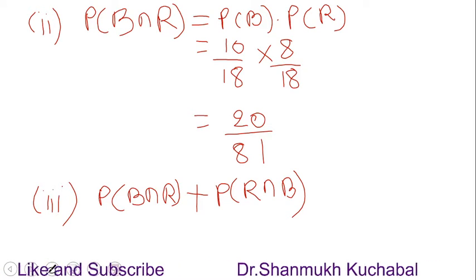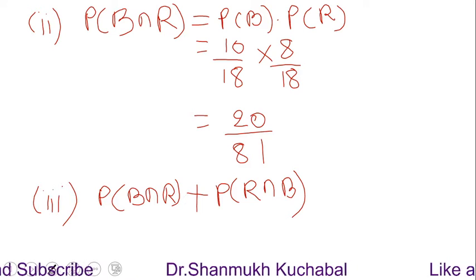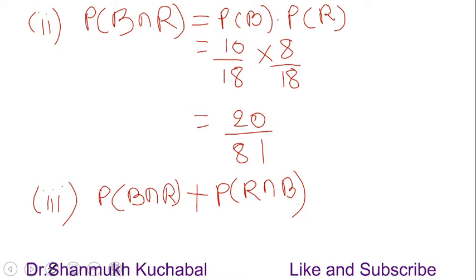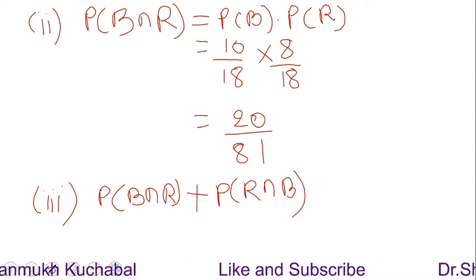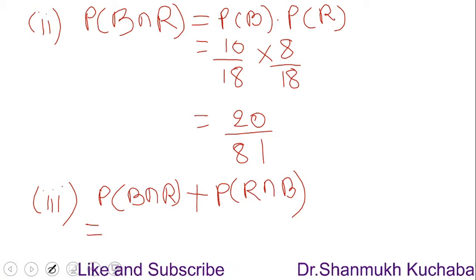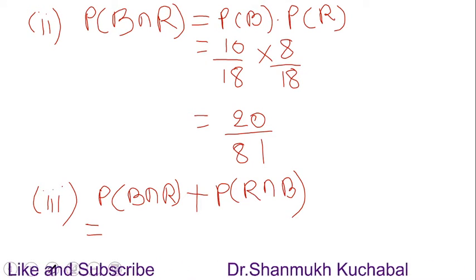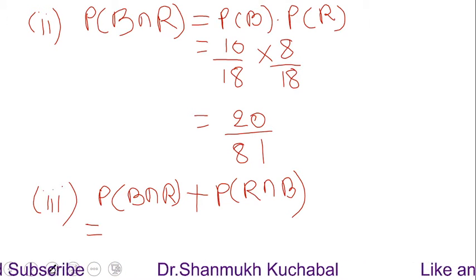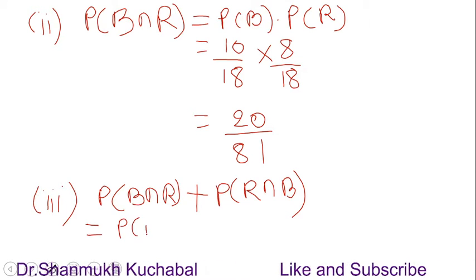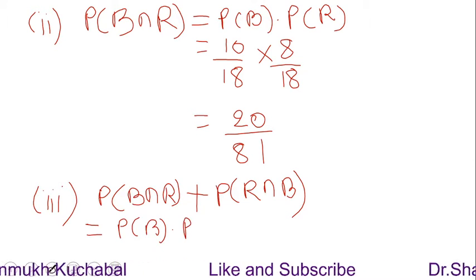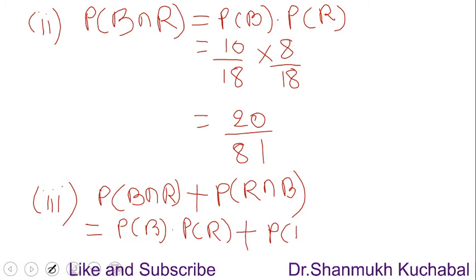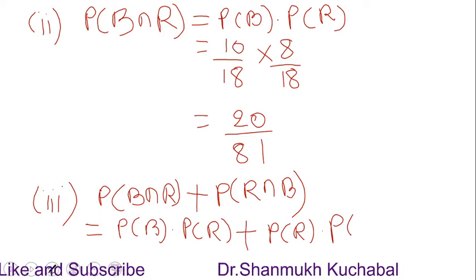So one of them is black and the other is red means first a black and then red, which I have taken as the first case, and the second case is first a red and then a black. The two events are independent, so as I have seen in the last case, intersection we take as multiplication. So P of B into P of R plus P of R into P of B.